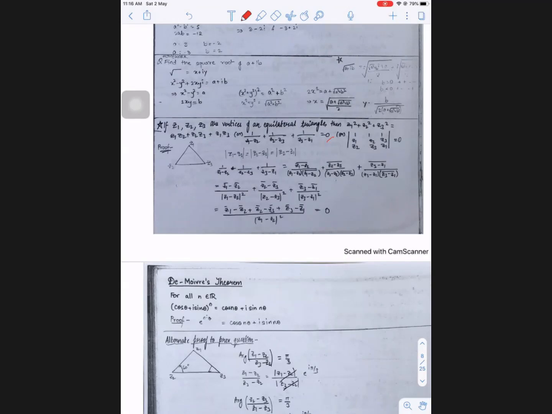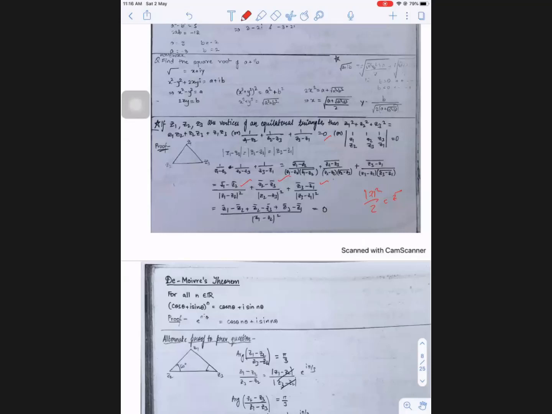Mod Z square by Z gives Z bar. Using this, separately we get (Z1 bar minus Z2 bar), (Z2 bar minus Z3 bar), (Z3 bar minus Z1 bar), which is equal to 0. That result is correct. This proof is also related to this.